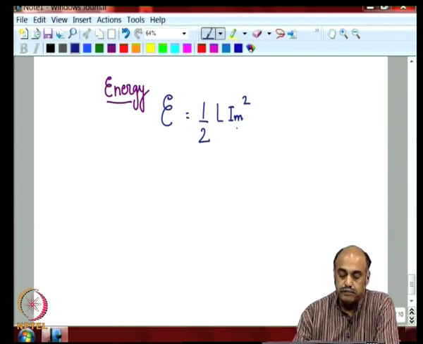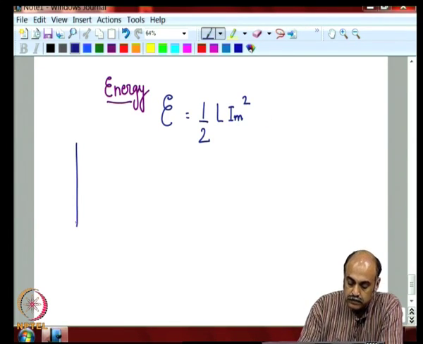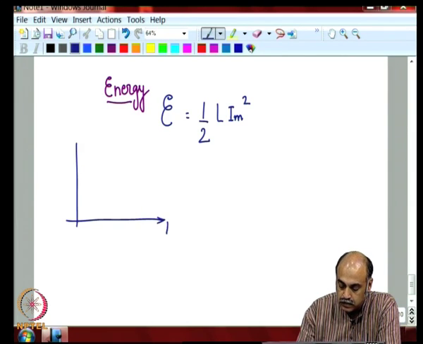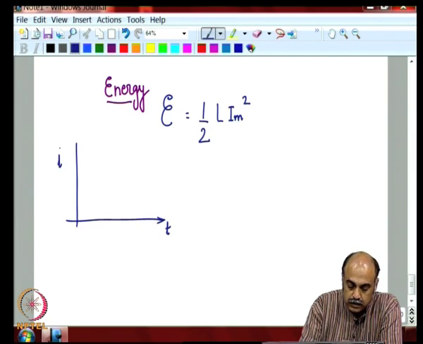Now, what is this I m? Typically, in a DC-DC converter, if you plot the inductor current, it is of this form.